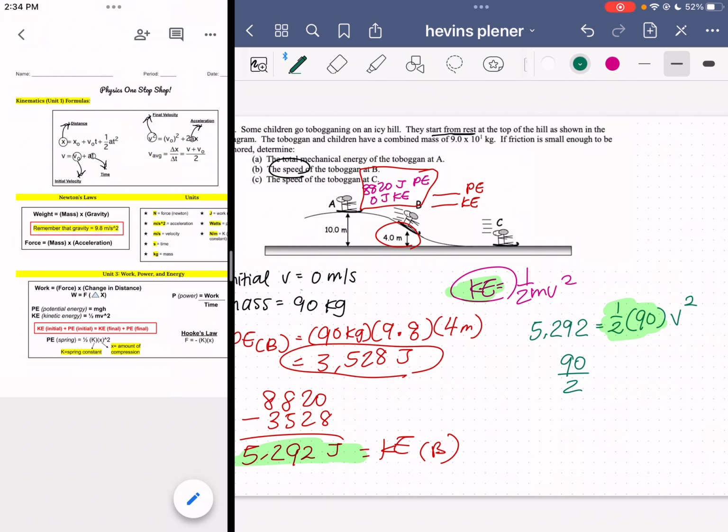Okay? Don't think too hard. You guys stress me out. So 5292 equals 45 because that's 90 divided by 2. Then you need to take a plane to see your friend because we're on the other side of the country. So let me do that real quick.